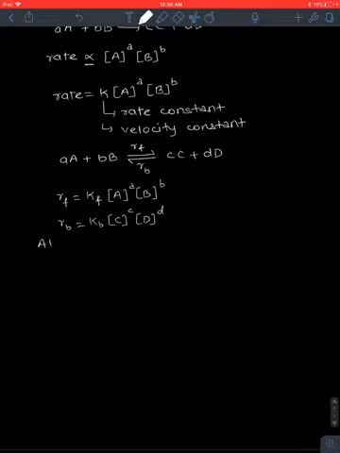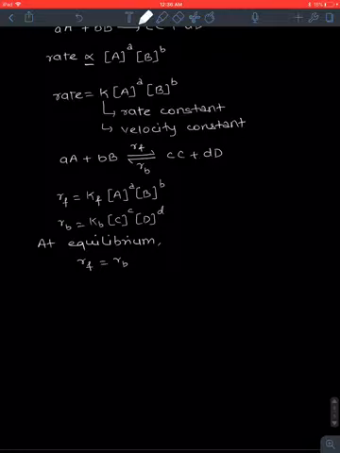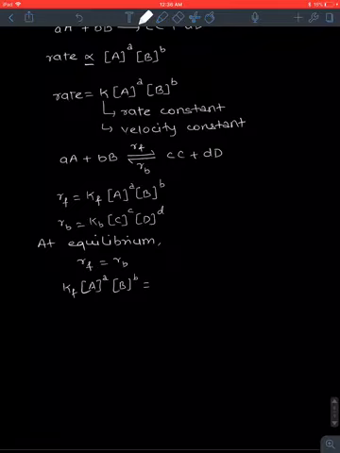And we have studied what happens at equilibrium: both the opposing forces have to be equal. Means Rf has to be equal to Rb. At equilibrium, rate of forward reaction will be equal to rate of backward reaction. And if I'm writing this, it will become Kf into concentration of A raised to the power a into concentration of B raised to the power b is equal to Kb into concentration of C raised to the power c into concentration of D raised to the power d.